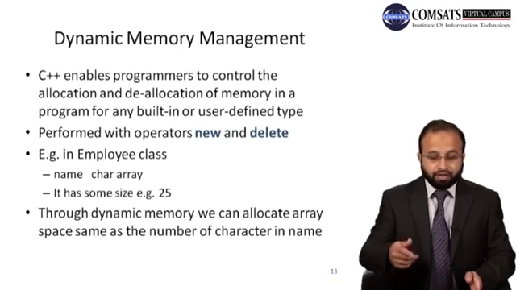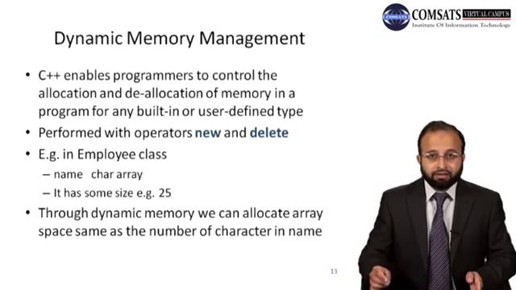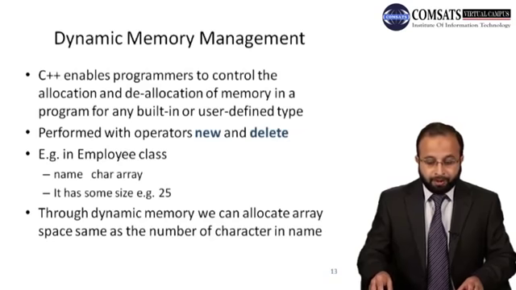For example, if we have a fixed array of size 25 and the name we want to store is, let's say, Ali, then it will take A, L, I and then the null character, just 4 characters, and the rest of the 21 characters are just wasted. That means they are not used by any other variables in the program, right?